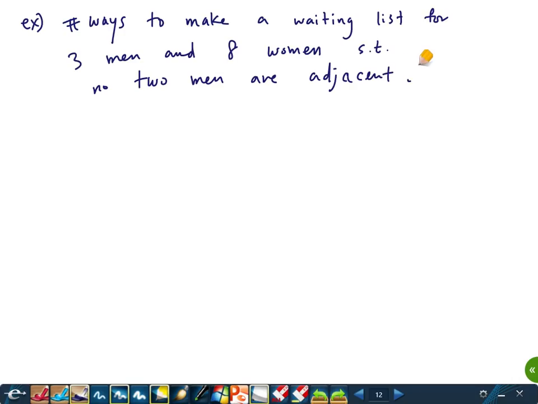What is the number of ways to do this? There are 11 people, 3 of them are men, 8 of them are women. We want to arrange them so that no 2 men are adjacent.